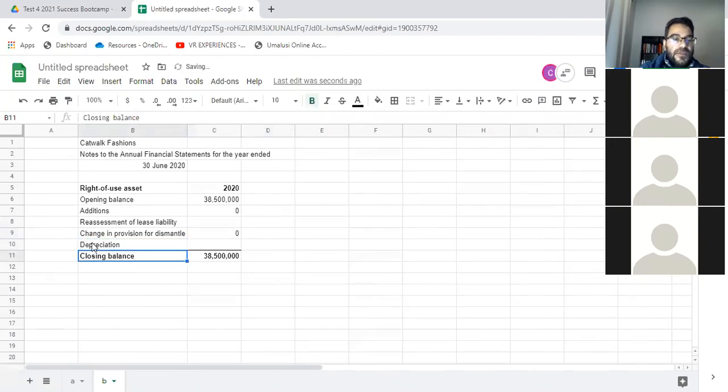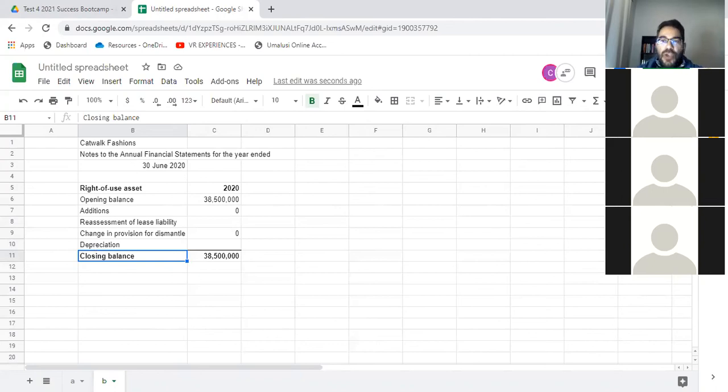Okay, so the last one is depreciation. Now remember, for depreciation, because it's a straight line, we would basically use the same amount. But before you bring in depreciation, we first need to work out if there is any reassessment. In this scenario, there is a reassessment because of that CPI.